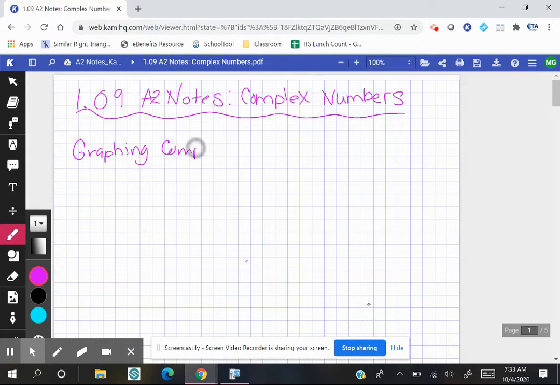complex numbers. So to do that, we have to graph them in the complex plane. So they must be graphed in a two-dimensional system, the complex plane.